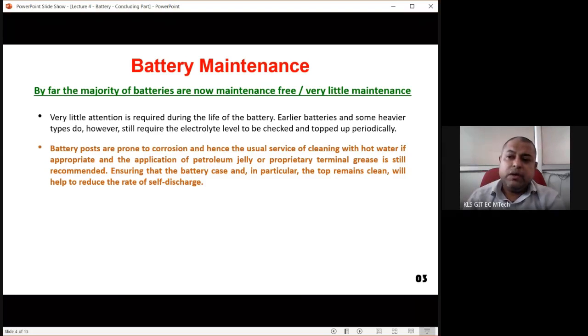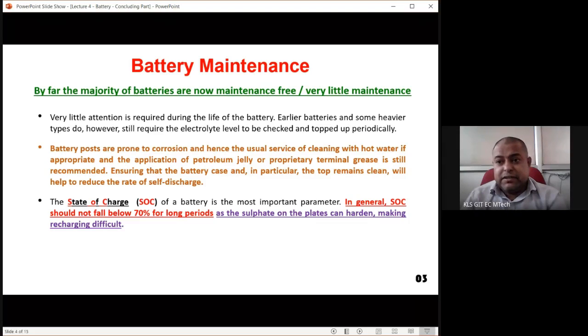If a car is not run for a longer time, there is a possibility that the battery voltage between the positive and negative terminal will fall below 12 volt, which is not expected. Automatically they get discharged because recombination takes place inside the electrodes, and so it will fall below 12 volt. That should not happen. If we want to avoid that, we have to ensure that the battery case, particularly the top of the battery, remains clean.